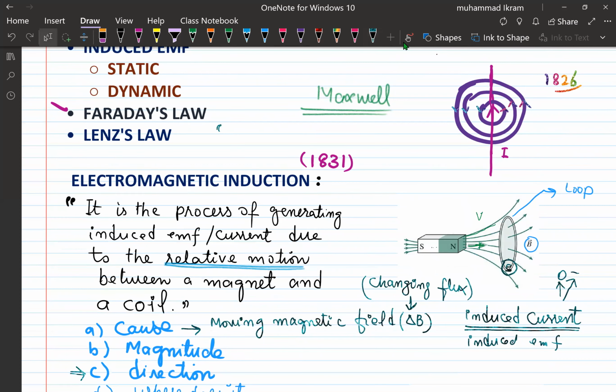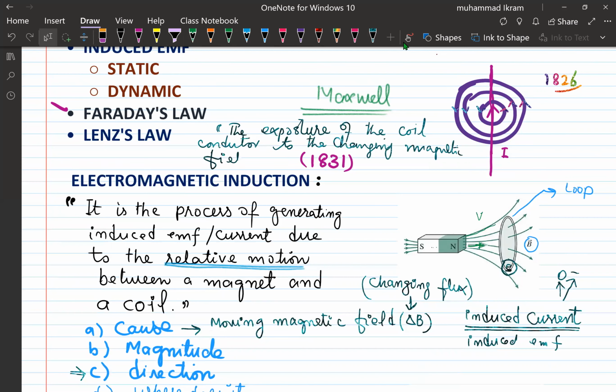The exposure of the coil or conductor, whatsoever, to the changing magnetic field results in this electromagnetic induction, right?